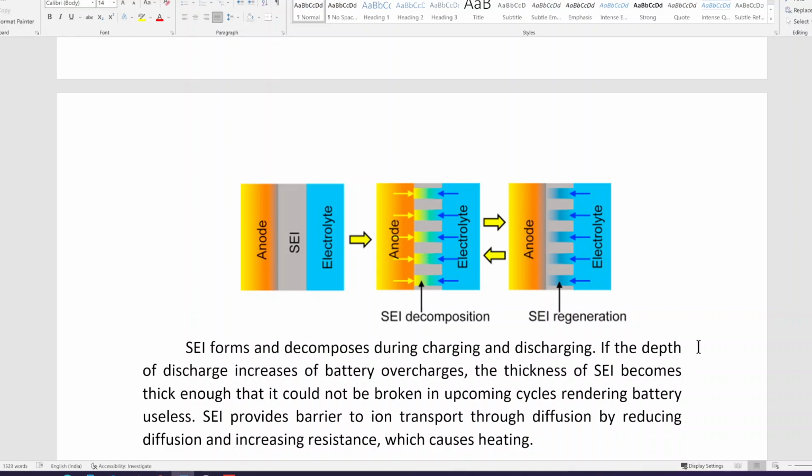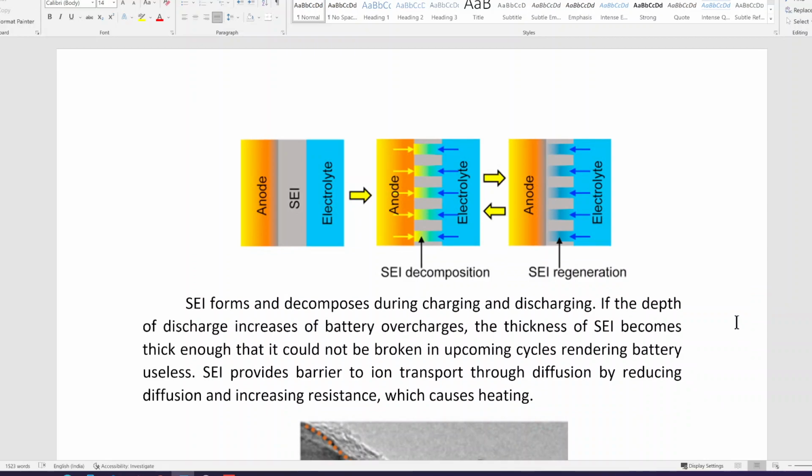If the depth of discharge increases, that is, you have discharged your battery a lot, or if it has increased due to overcharging, the thickness of SEI becomes thick enough that it could not be broken in upcoming cycles. So although this SEI decomposes and regenerates, because of electrical abuse of the battery there is a chance that we will not be able to break it down completely.